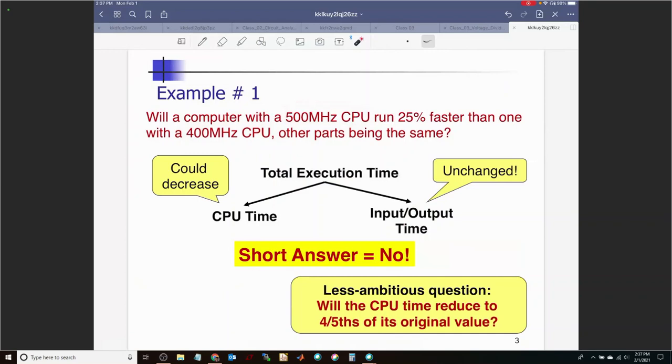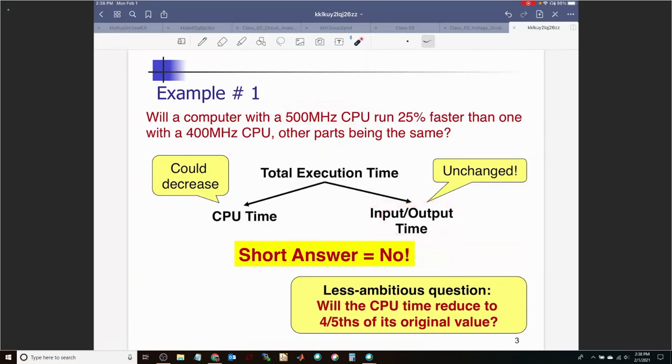For example, if you strictly look at execution time or response time, you have two major components in this. There are other components apart from CPU time and IO time, but the major time sinks are CPU time, which is the time a particular task spends in the CPU, right? That's your CPU time. Then you also have IO time.